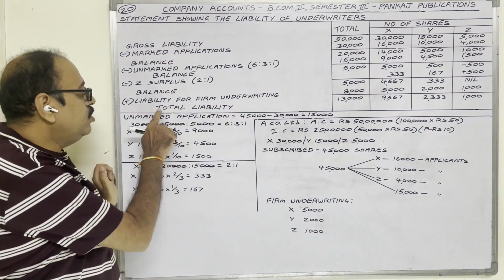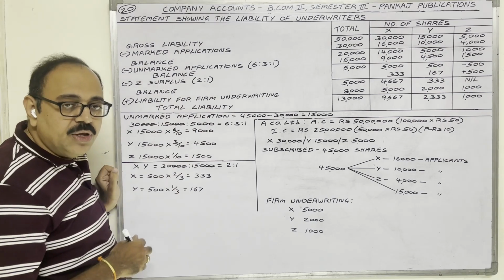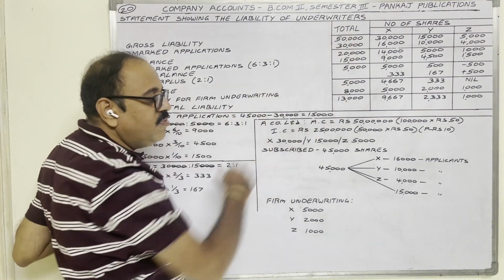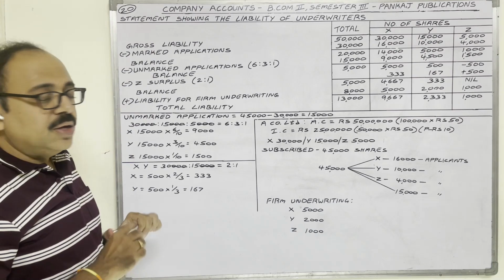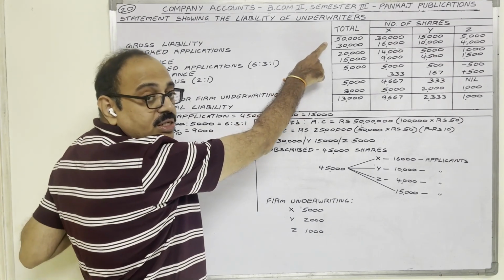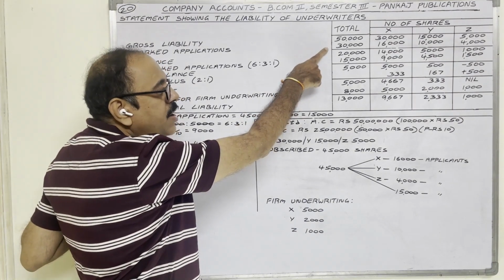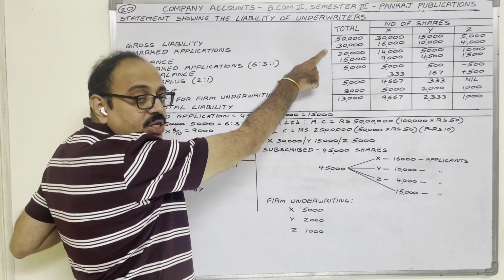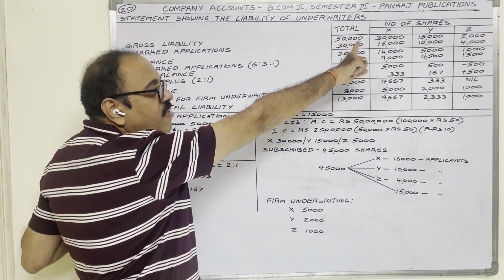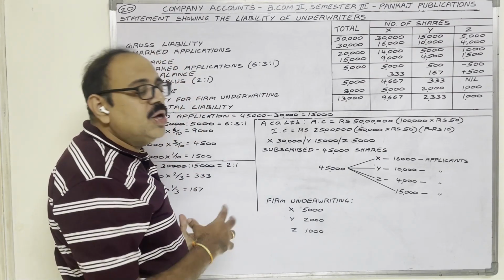For these final values, write down total liability. So let us observe this total column once. The company issued 50,000 shares. In that, marked applications total 30,000, which means with the help of underwriters, applications came for 30,000 shares.